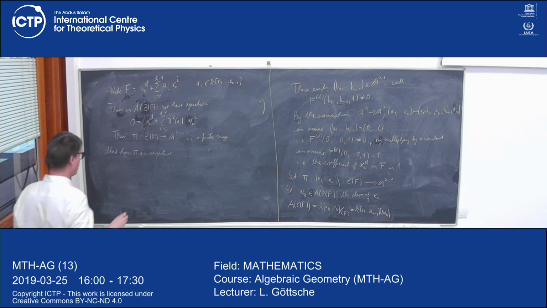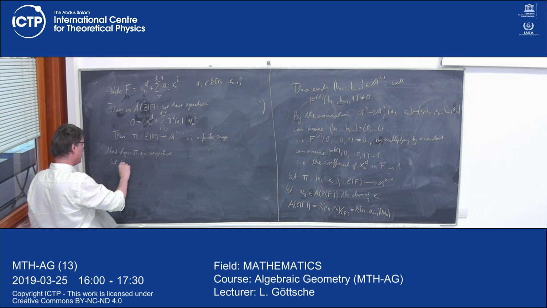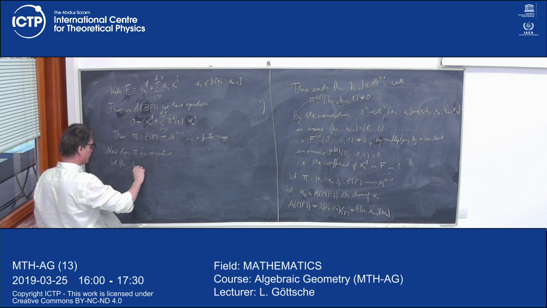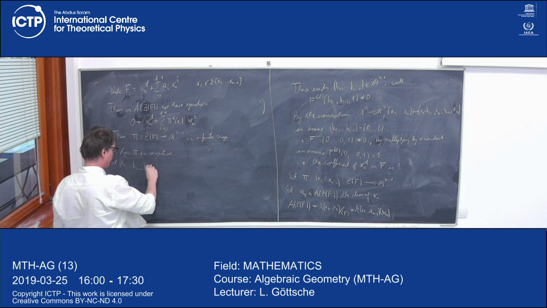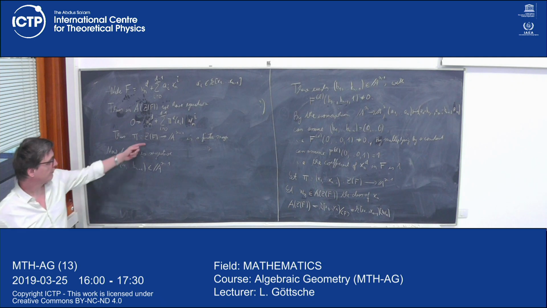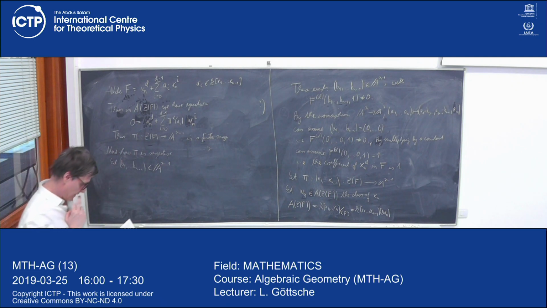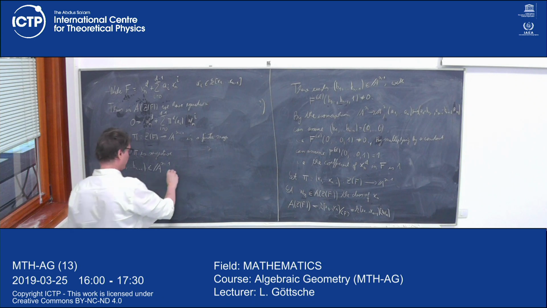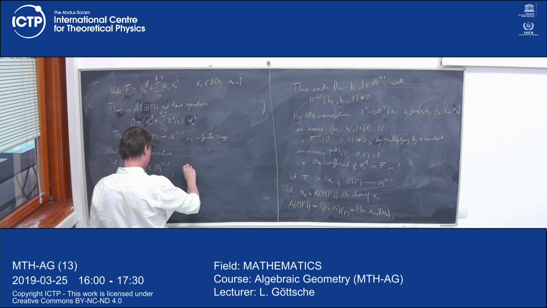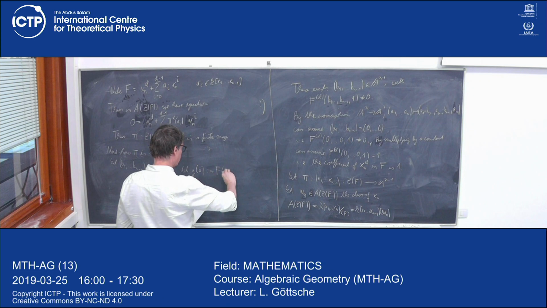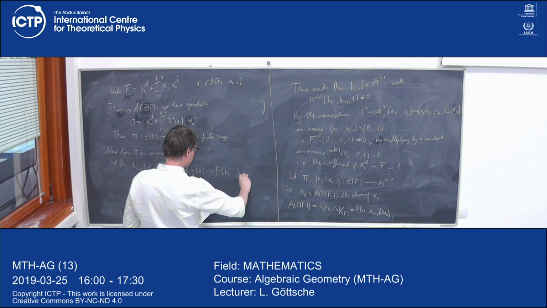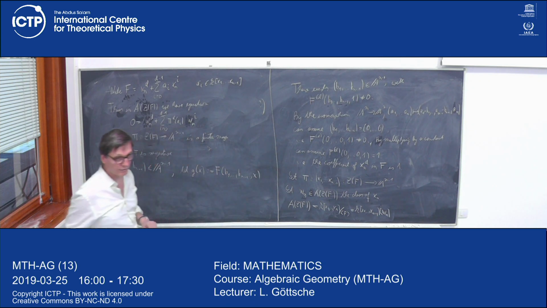So again, we take some point b1 to bn minus 1, so not the same as before, a point in A^(n-1). We have to see that there is some point lying over it. And we use basically the same trick as before: let g of x be the polynomial where I put the first coordinates equal to this and replace the last coordinate by x.